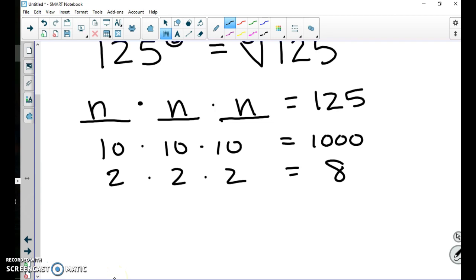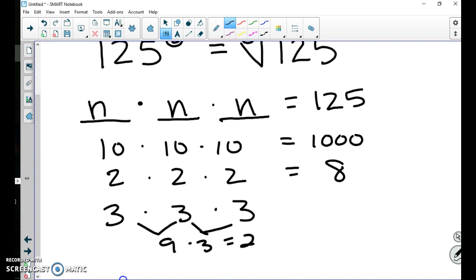So I want some number in between 2 and 10 that I can work with. 3 times 3 times 3? No, that's going to end in something odd. Well, we have an odd number. 3 times 3 is 9. Times 3 more is 27.